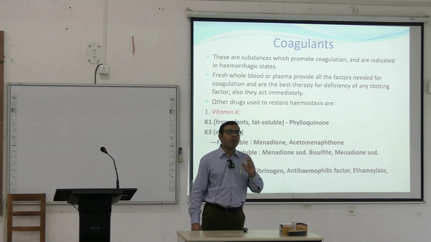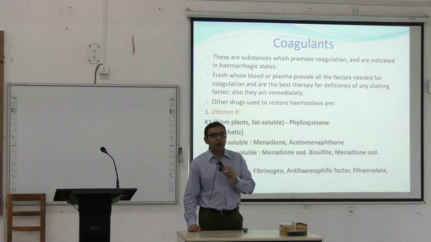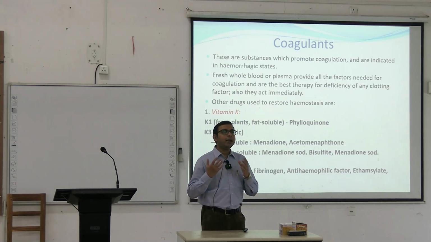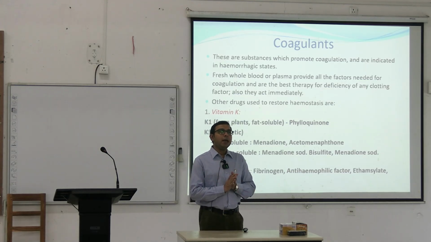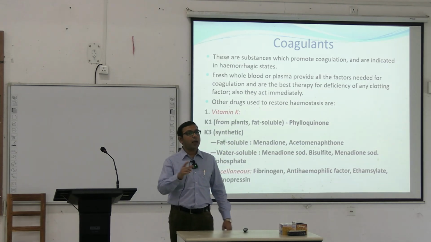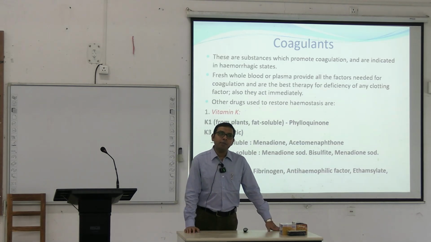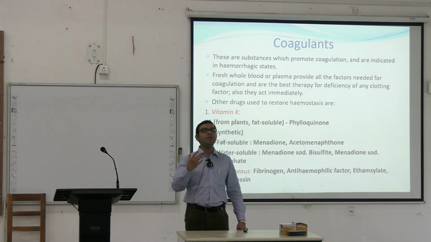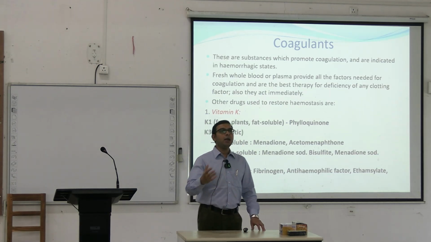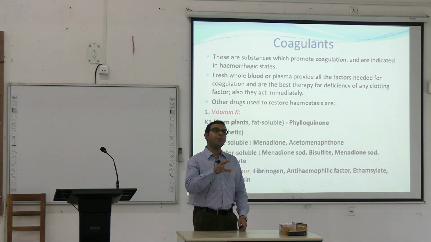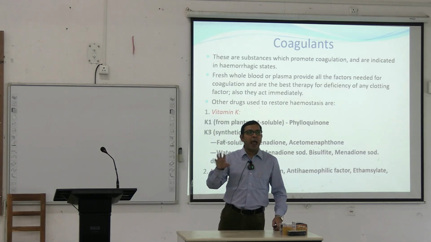So when there is change in the normal commensal gut microbiome due to malabsorption syndrome or due to some hepatic problems, there will be less synthesis of vitamin K2 in our gut. So again there will be some problems in vitamin K. If there is some obstructive jaundice, if there is some liver disease, again there will be problems in vitamin K. So these are the normal areas by which vitamin K deficiency usually happens in adults.